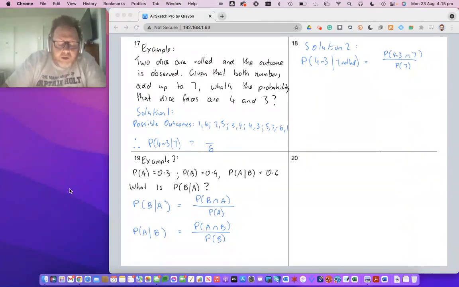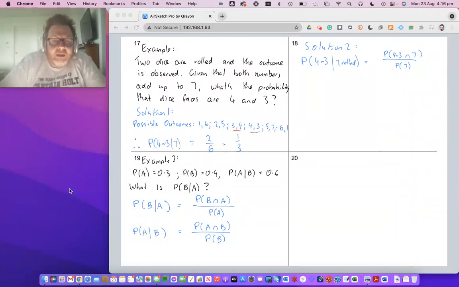It says the dice faces are a 4 and a 3. So there's a 4 and a 3 there, and there's a 4 and a 3 there. So assuming order doesn't matter, there are two ways of getting a 4 and a 3 on your dice. And we can simplify that to 1/3, and we're done. It does require you to list all those possible outcomes. Make sure you get all the possible outcomes right before getting your final answer.